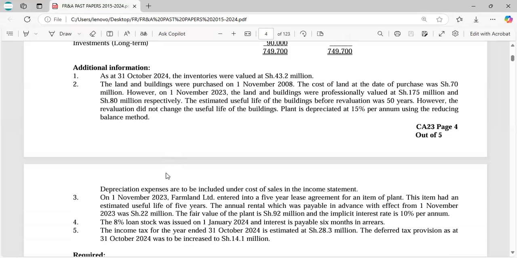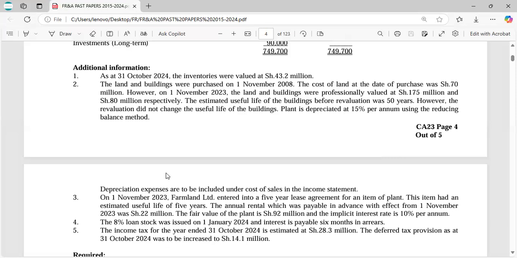So they are very specific that once you compute your depreciation, when classifying based on the various functional heads, remember that when you are doing published accounts, your expenses go to either cost of sales, administrative expenses, distribution cost, or finance cost. Here they are very specific that depreciation goes to the cost of sales.